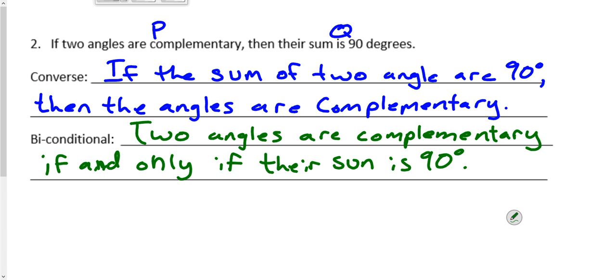There's our true biconditional statement. Two angles are complementary if and only if their sum is 90 degrees.